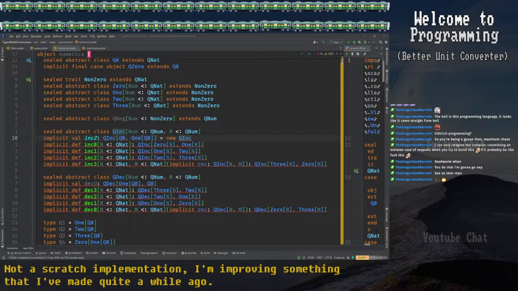No, why am I getting PHP results? Why the actual hell am I getting PHP results?